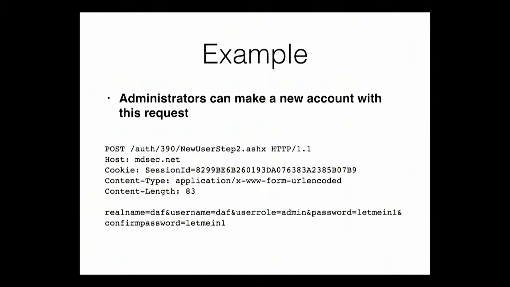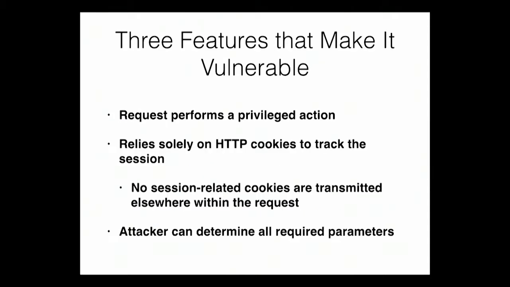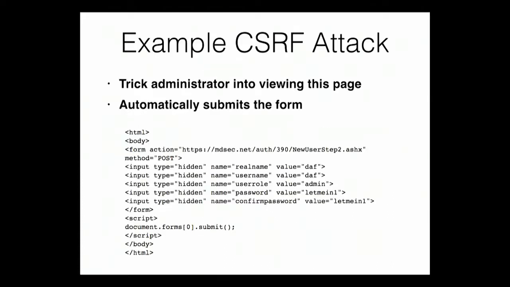So you make a new account with this thing, going to new user, step 2, and putting in real name, username, and role, and password, and so on. That one post request will make a new account. So if a request performs a privileged action, and it takes your cookie as all the authentication required, then that means I can trick you with a request from another domain, and it will have effect.